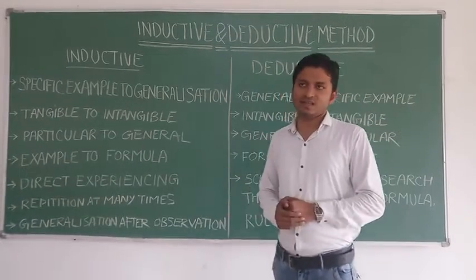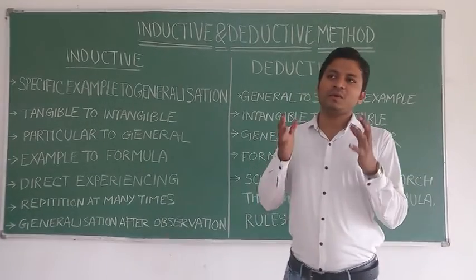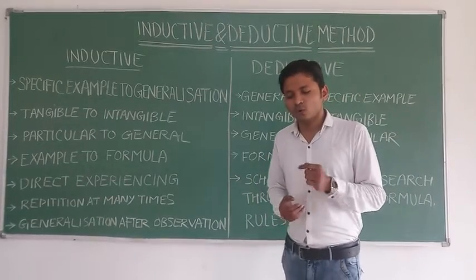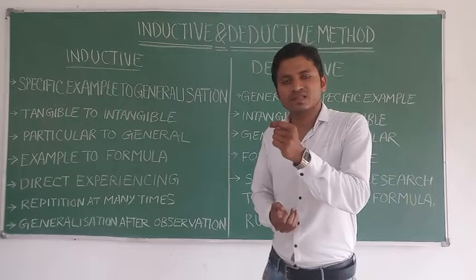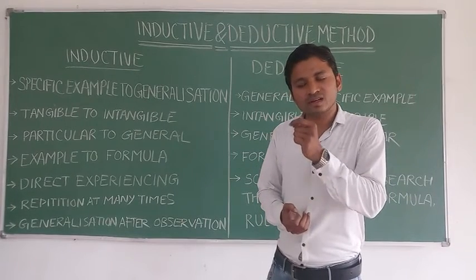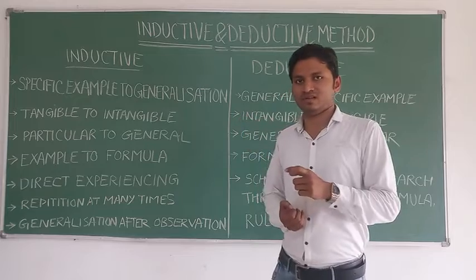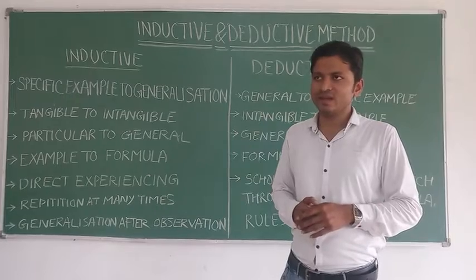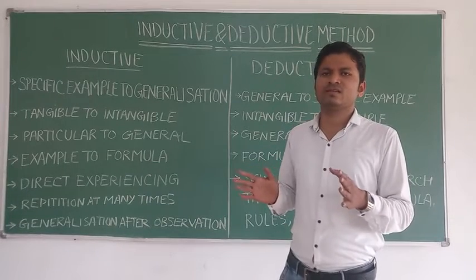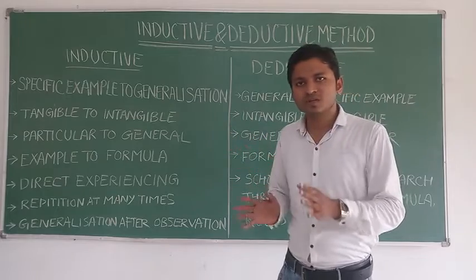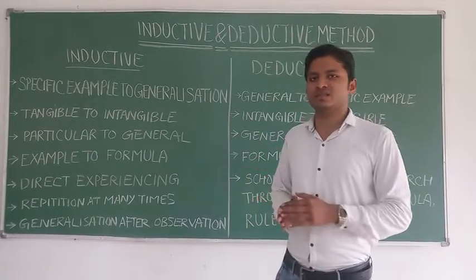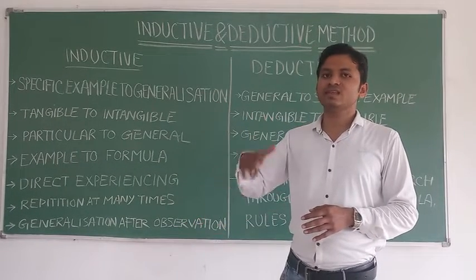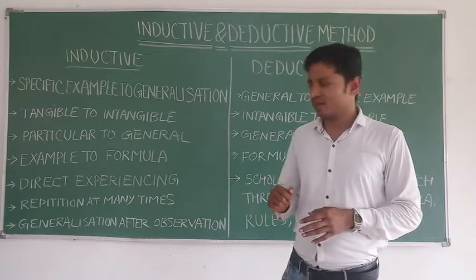We have discussed that in the inductive method the observer, the researcher, the scholar himself goes to the research area, to the related people who are part of his research topic, and he uses the method of observation. He directly experiences the situation and the people he is studying for his research work.